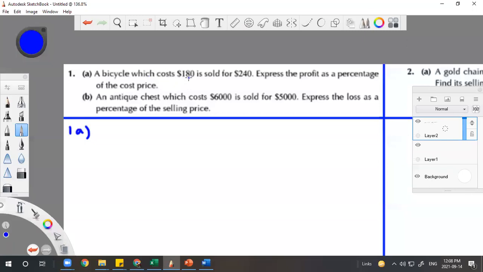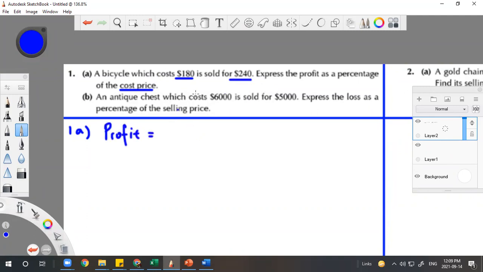A bicycle which costs 180 is sold for 240. Express the profit as a percentage of the cost price. So see, you buy the bicycle for 180 and you sell it for 240. Of course, it is profit, right? So how do you get the profit? As simple as this.